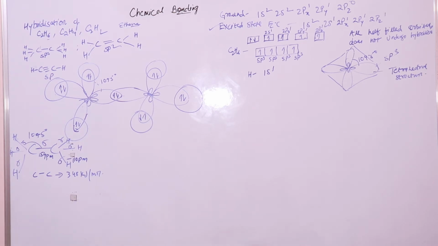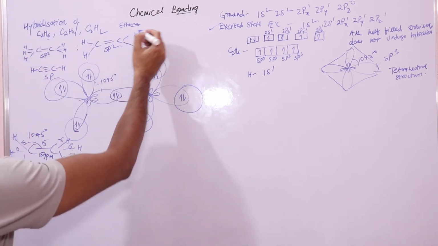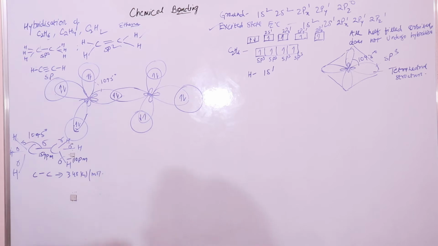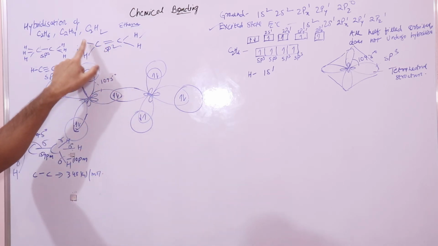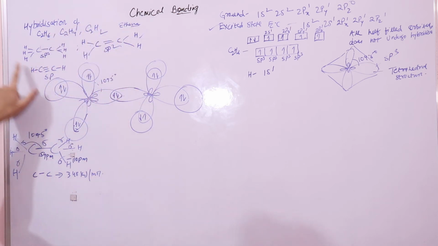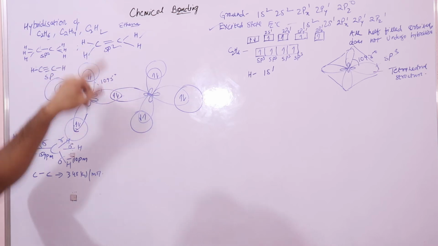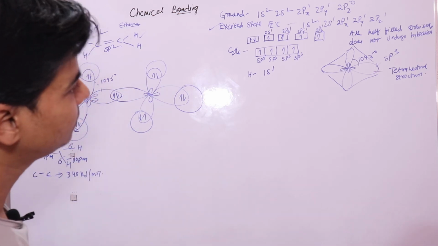Right. Now let's look at the second molecule, which is your ethene molecule, right. Now just look at it, that we have 2 carbon atoms and 4 hydrogen atoms. Here we had 6 hydrogen atoms, here we had only 4 hydrogen atoms, right. Now look at the hybridization.